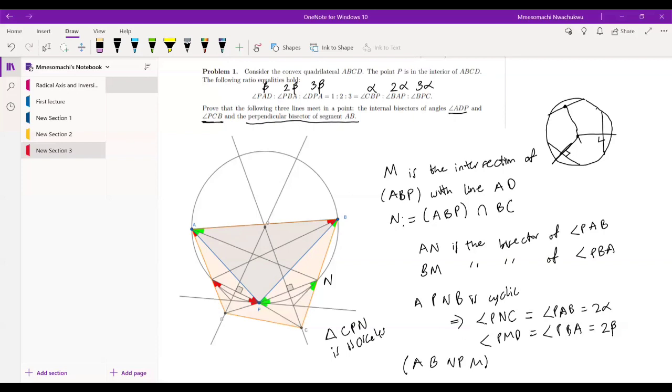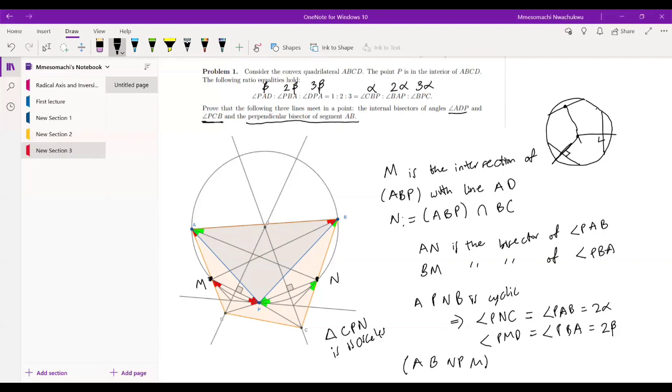So I'll just do a brush through of what we did. We brought in points N and M. And what were these points? We defined them as the intersection points of the circle and the sides of the quadrilateral. And then what did we prove?